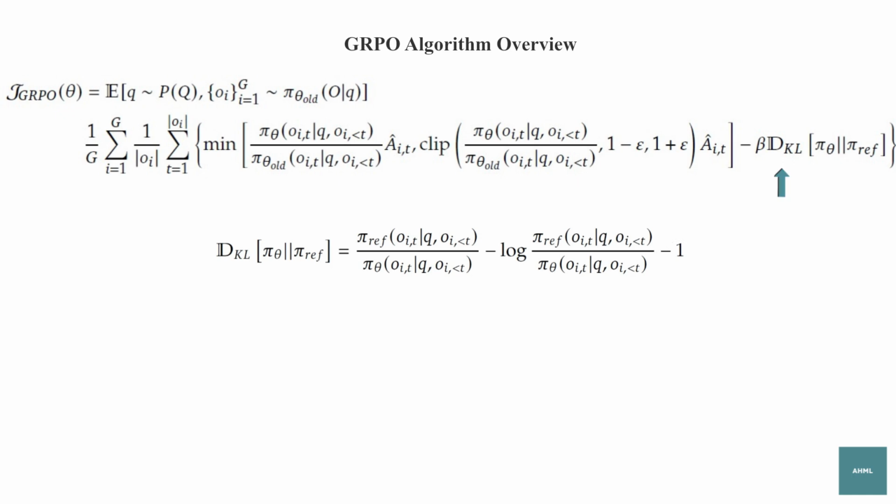KL divergence smooths training updates, ensuring that the new policy remains close to the previous iteration, because if the policy changes too aggressively, it might forget useful strategies. KL divergence keeps exploration gradual, so the model retains beneficial reasoning patterns. Beta is a hyperparameter controlling how much weight we give to this penalty.